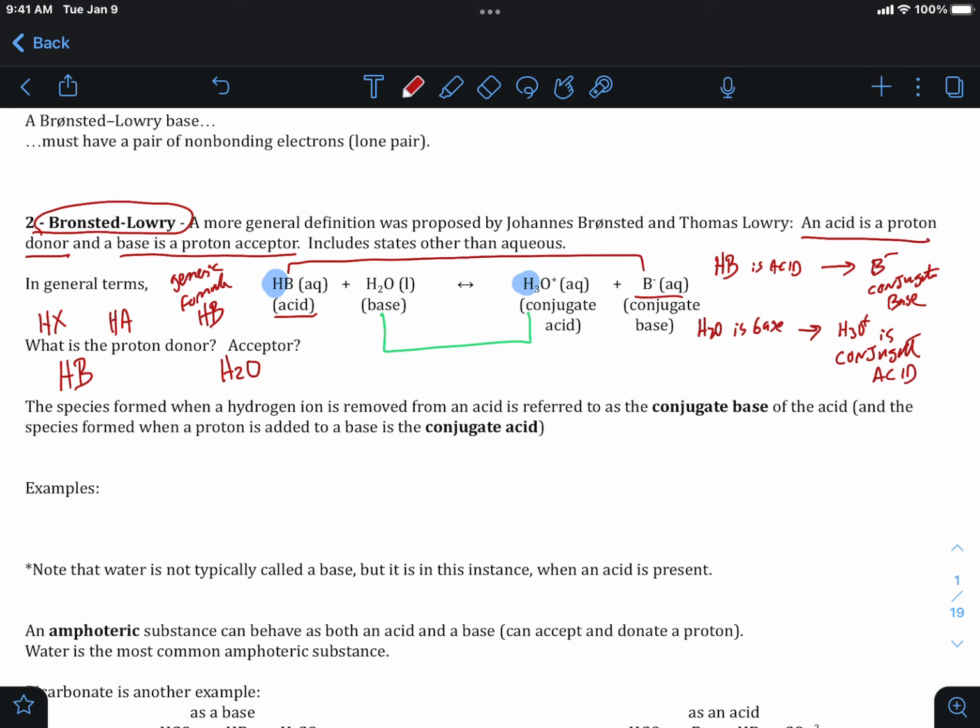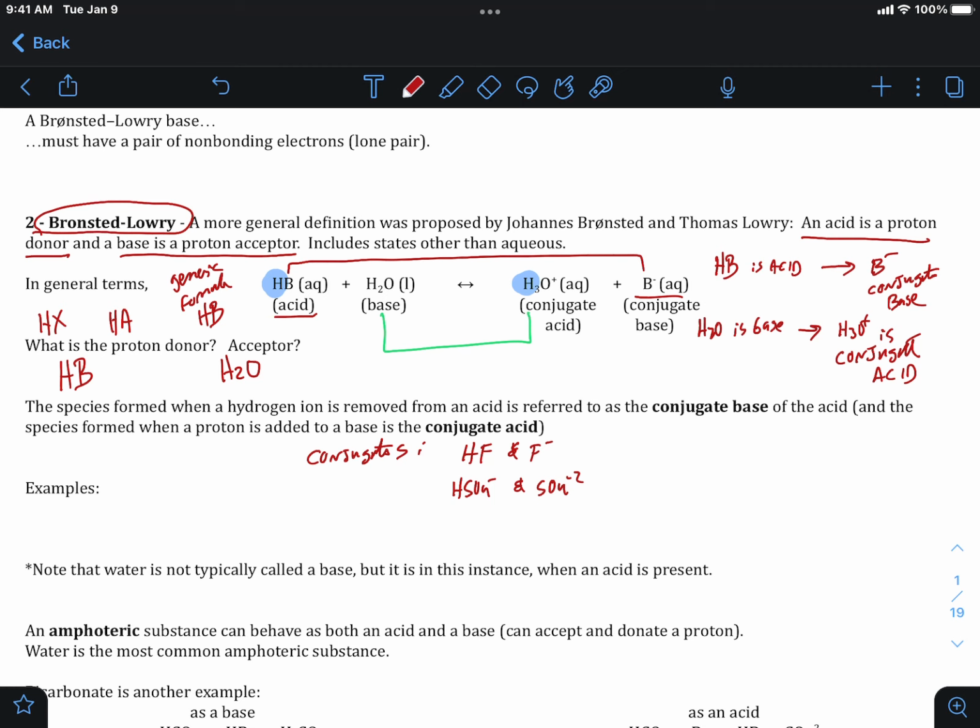So in other words, conjugates are the same formula that differ by an H plus. Okay? Here's some other examples of conjugates. HF and F minus, those are conjugates. HSO4 minus and SO4 minus 2, those are conjugates.